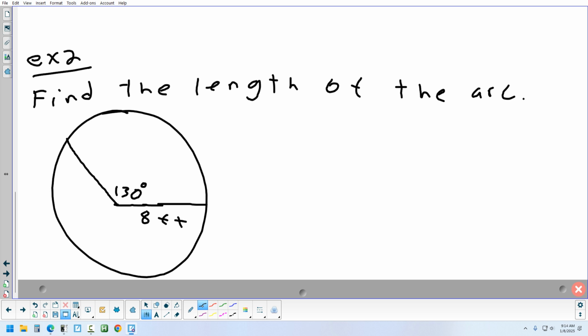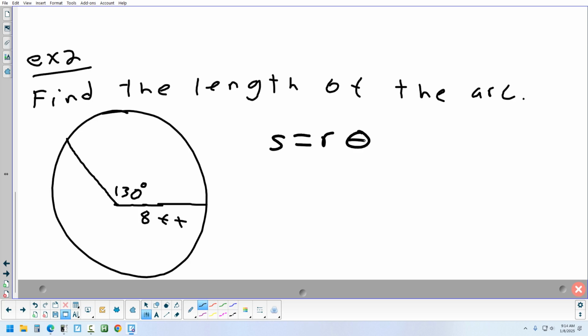All right, so again, first thing, decide on what formula you're going to use. What's the formula that I need for this one? Right. If you see a problem that has something to do with arc length, it's always S equals R theta. If you see a problem that has something to do with area, well, that's the last one we're going to do. So it's S equals R theta.